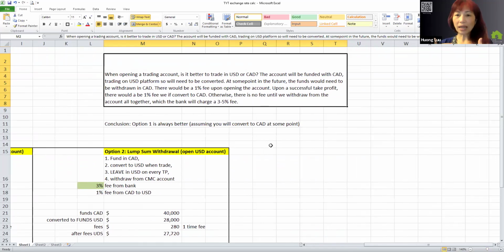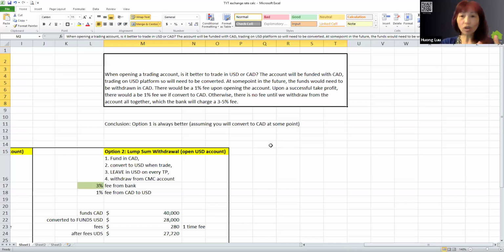Because I'm Canadian, I do a lot of my stuff in Canadian. And so I'm going to be funding this account, opening it up using Canadian dollars. But I'm going to be trading on a US dollar platform, right? So I'm going to be taking Canadian money, putting it into this trading account, and it's going to be operating on a US platform.